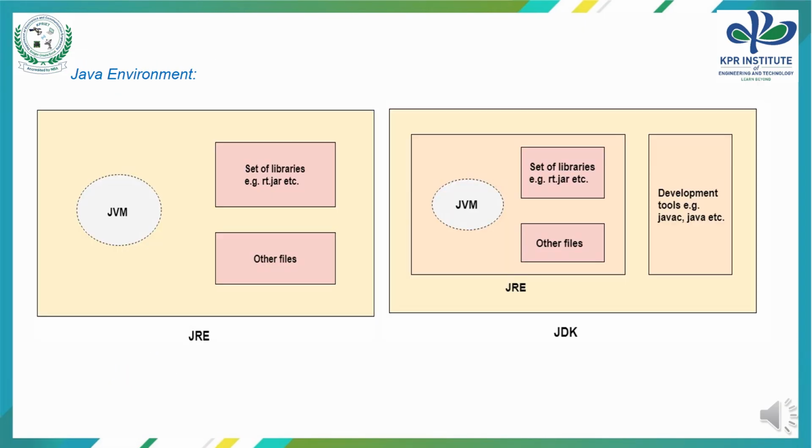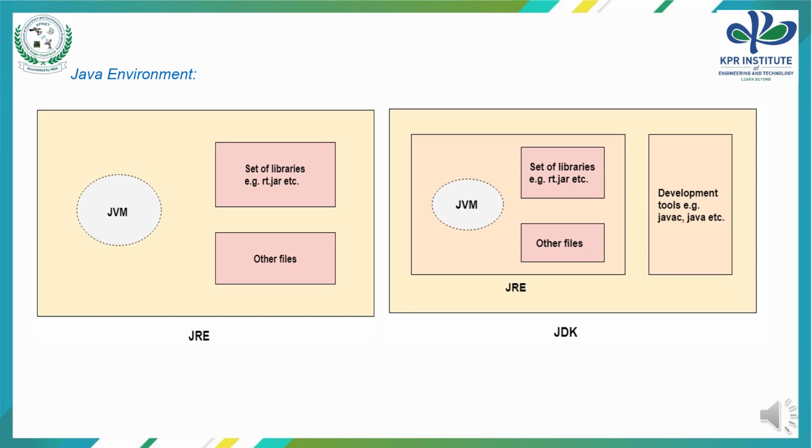So it has the environments called Java Runtime Environment and Java Development Kit. These are the main important components used in Java. JVM is called the Java Virtual Machine. It is not a physical machine, it is a virtual machine.